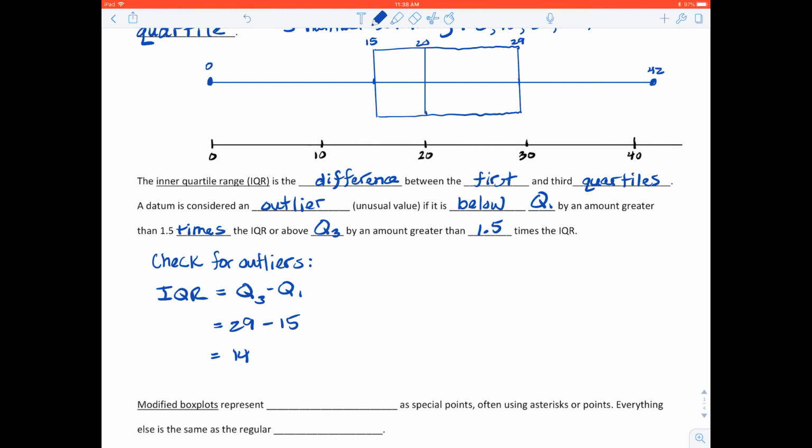So now we have to say, okay, well, 1.5 times the interquartile range is equal to 1.5 times 14, which is going to be, good, 21.